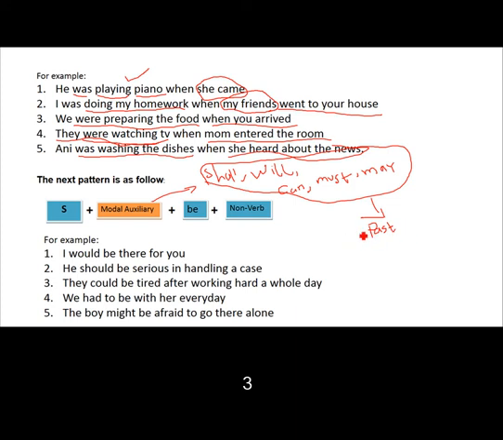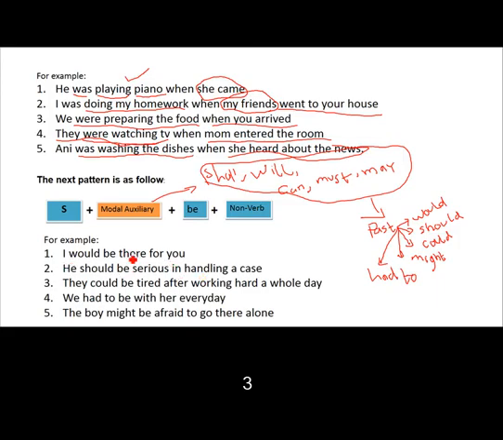We have to make them become would, should, could, might, and had to. So look at the example in here.